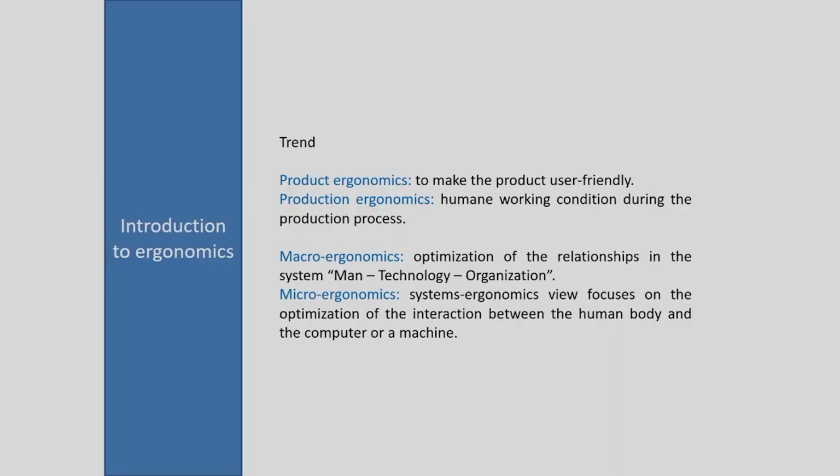Also, we understand the trends talk about macro ergonomics and micro ergonomics. So, let us understand the definition of it. Macro ergonomics says the optimization of the relationship in the system which involves man, technology, and organization. So, how can we do the optimization?